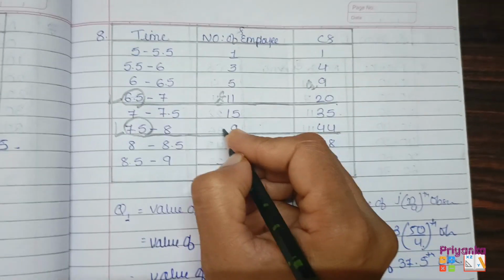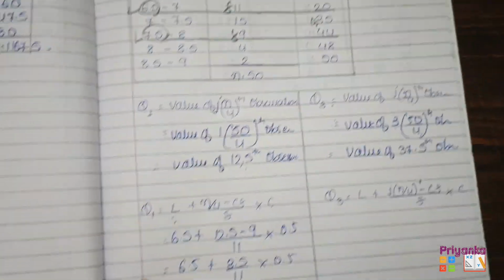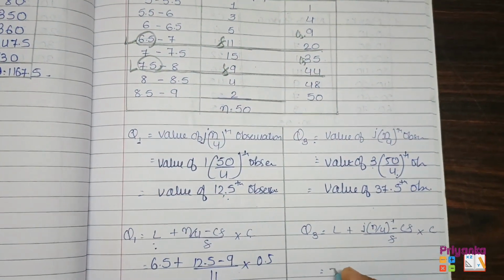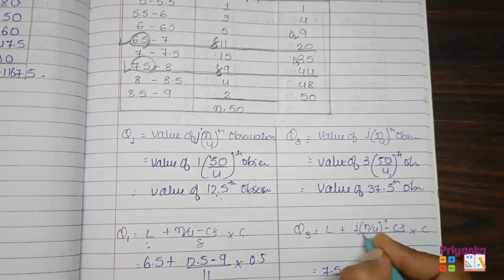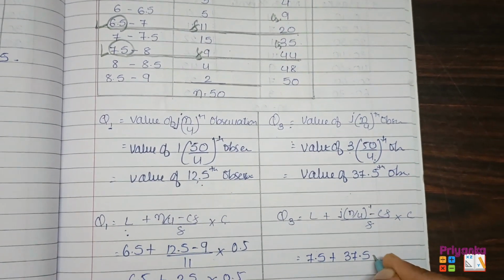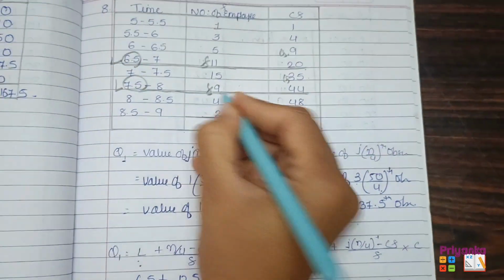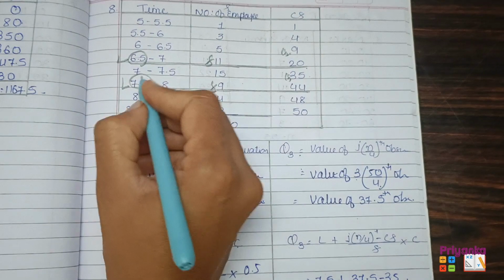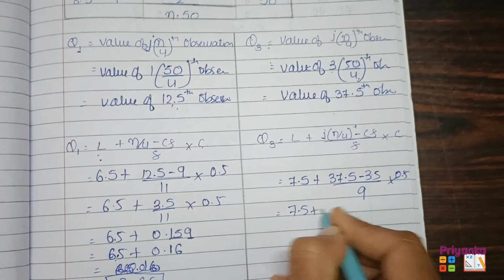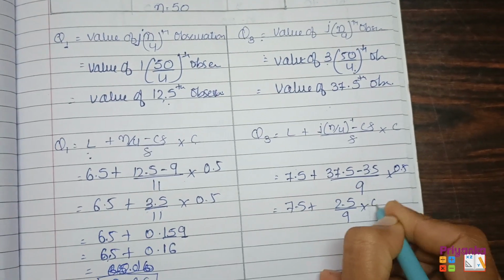Here is your lower boundary point, frequency, and this will be your cumulative frequency. So let's take the information. Here 7.5 plus the calculation of this, we already got 37.5 minus cumulative frequency that is 35 divided by frequency 9 and the class length again 0.5. Just get them minus, you will get 2.5 divided by 9 into 0.5.